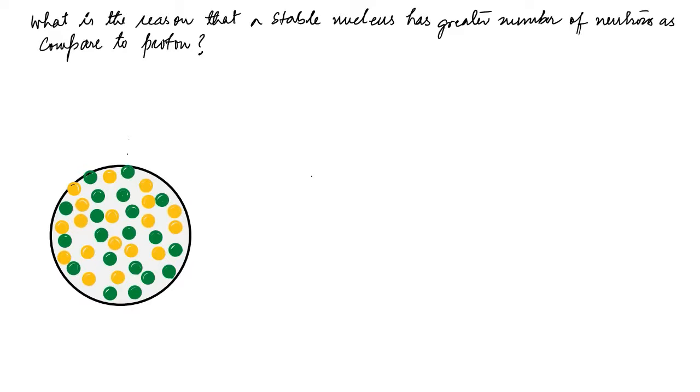Let us consider that this is what my nucleus looks like, in which this is my proton, and this is my neutron. So inside the nucleus, I have a number of protons and neutrons sitting there.